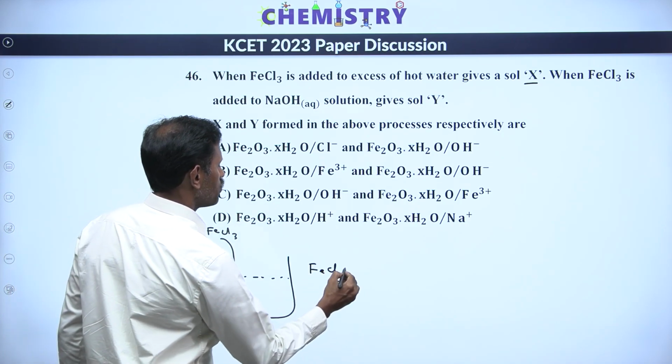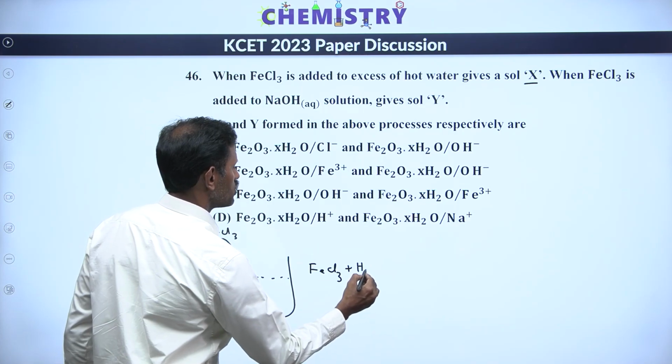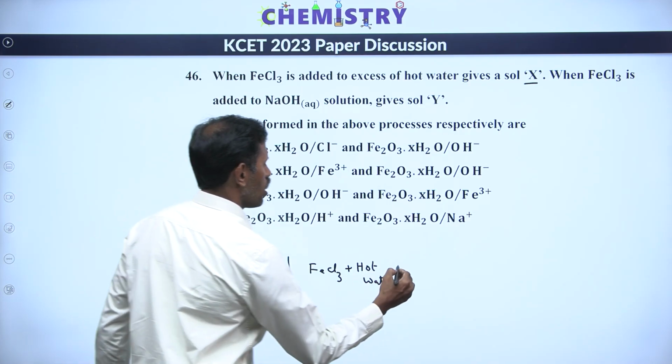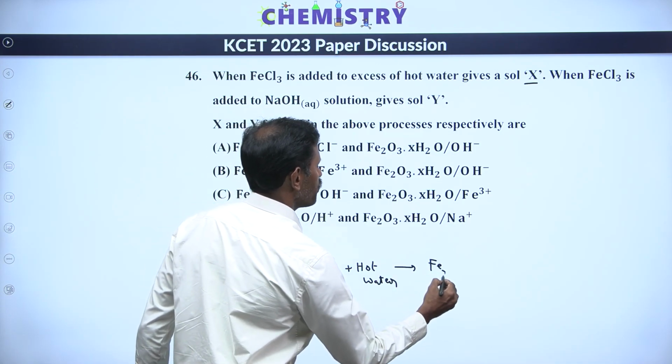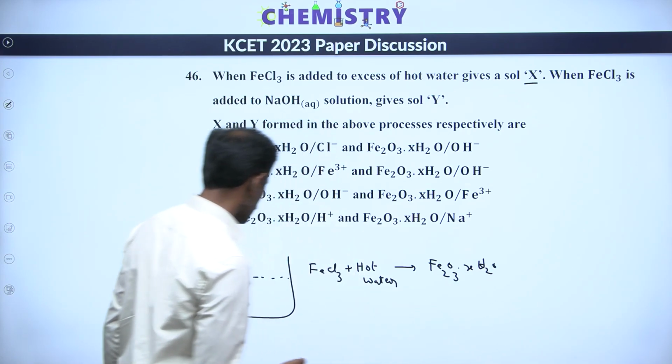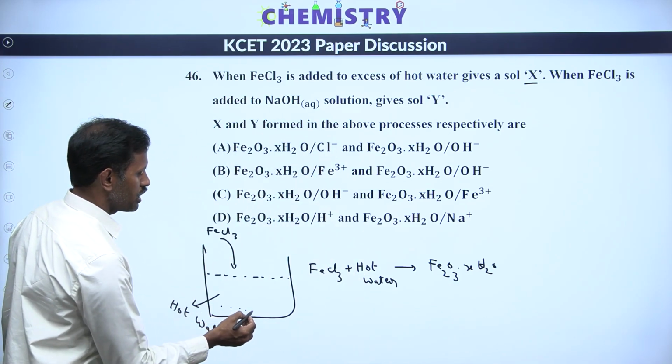FeCl3 will react with hot water to form Fe2O3·XH2O. Now, the substance will be Fe2O3·XH2O.